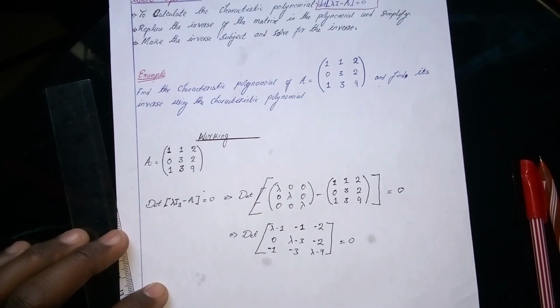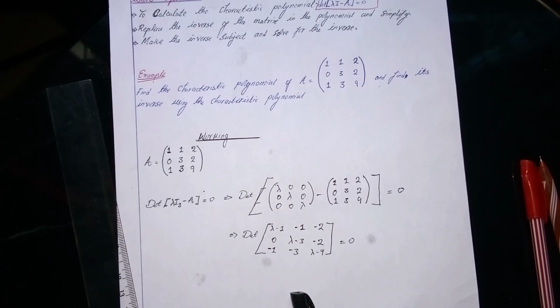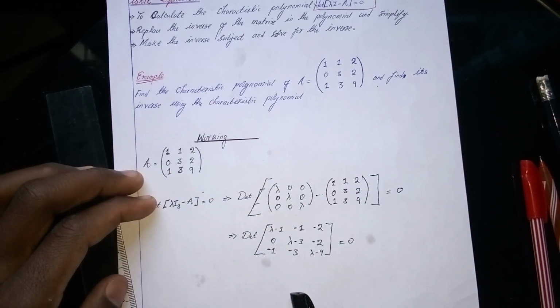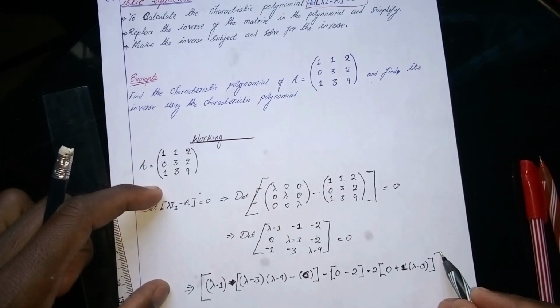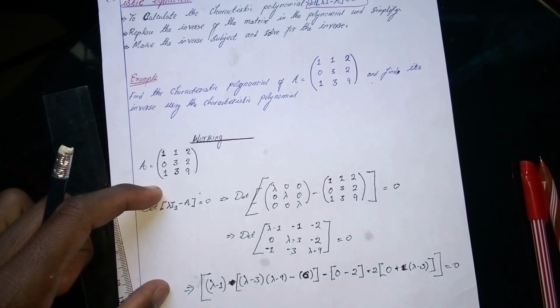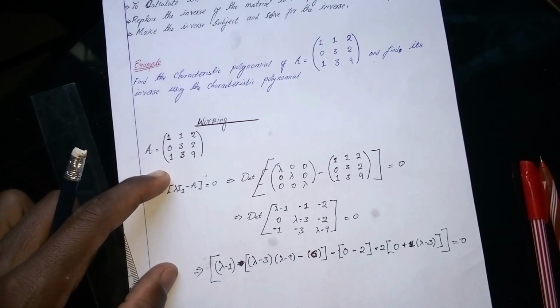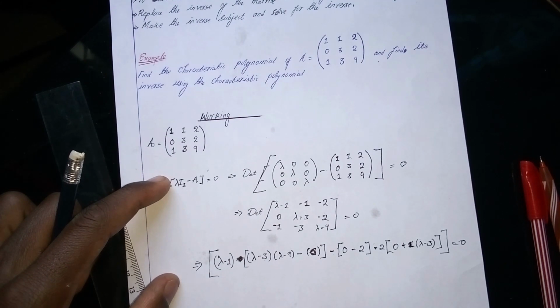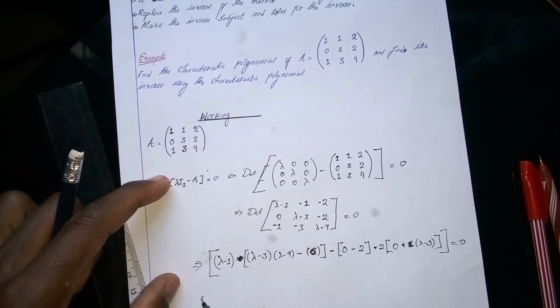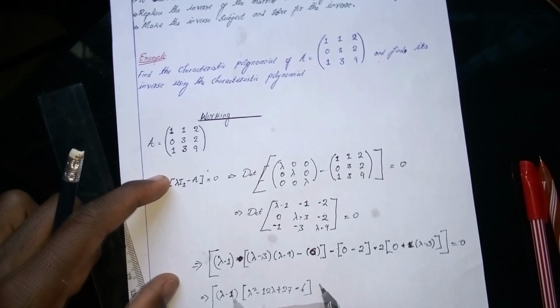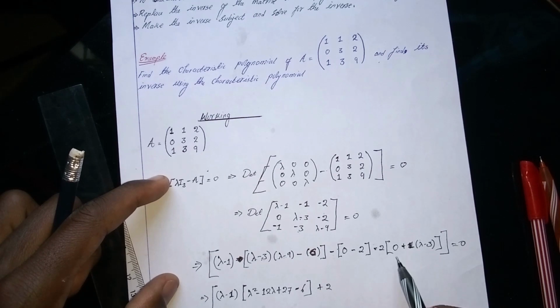Calculating the determinant of this matrix, everything here should be equal to 0. So we have lambda minus 1, and we get a positive 2.